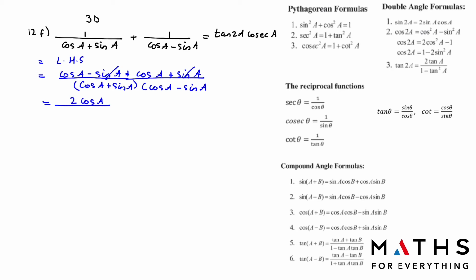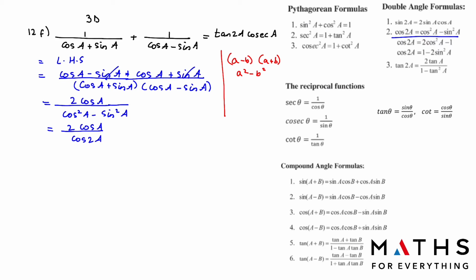We have cos A plus sine A and cos A minus sine A. It's like that you have A minus B and A plus B. So now we are using the identity in reverse. It is A square minus B square, which is cos square A minus sine square A. What is that identity? It's our double angle. Cos square A minus sine square A is equal to cos 2A.